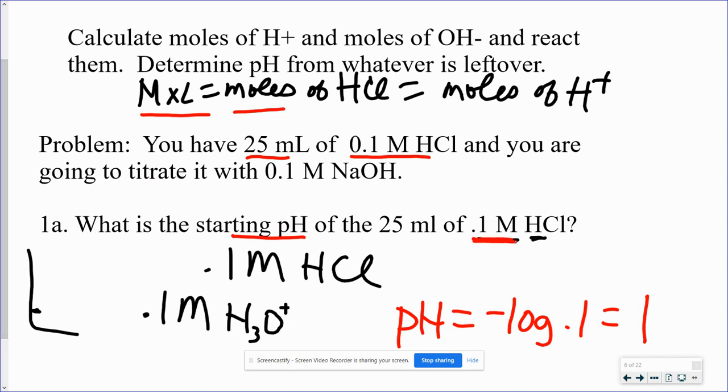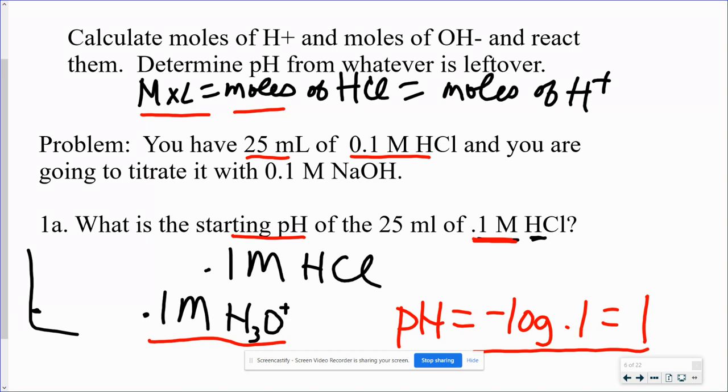So if it's 0.1 molar HCl, then we know our concentration of H3O plus is also 0.1 molar because it's a strong acid. So for that, now we just take the pH equals minus the log of 0.1, and we see that we have a pH of 1 to start with. Just our 25 milliliters of HCl, the pH is 1.